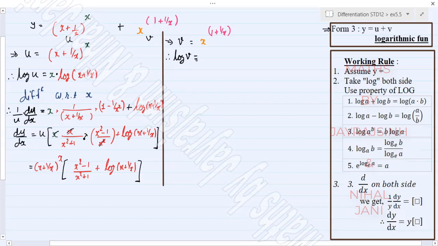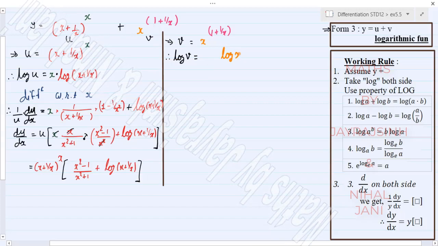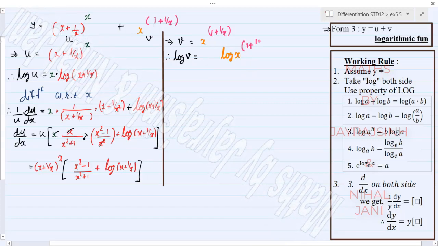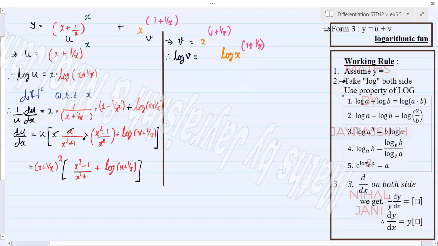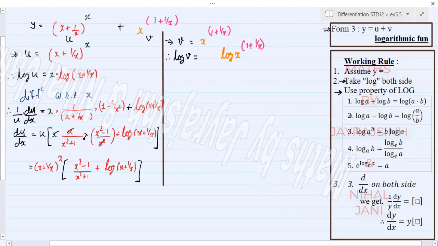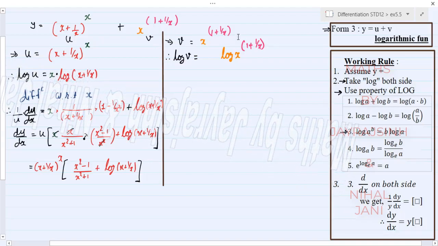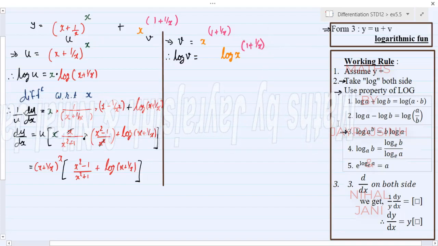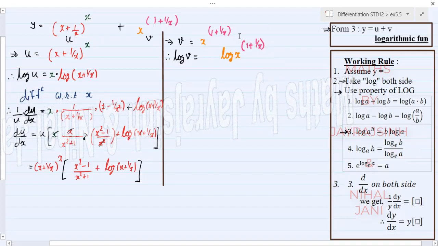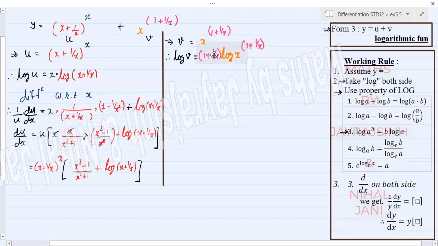So log v is equal to log x whole raised to 1 plus 1 by x. Now for simplification of the right hand side, we have to use the property of log. So let's use the third property, in which your power will go within the multiplication of log.